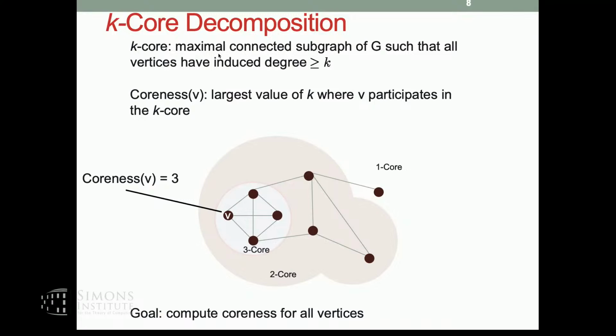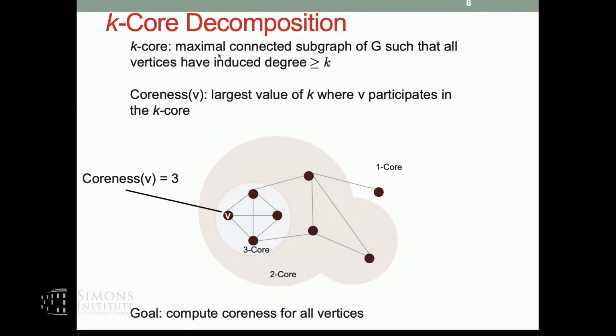Whatever value of k you're looking at, when you delete a vertex, you assign a coreness of k to that vertex. And then if there are no more vertices with degree at most k, you increment k and repeat until the whole graph is empty. Yes? Is k-core decomposition unique? Yeah, everybody has a unique core number, coreness value.